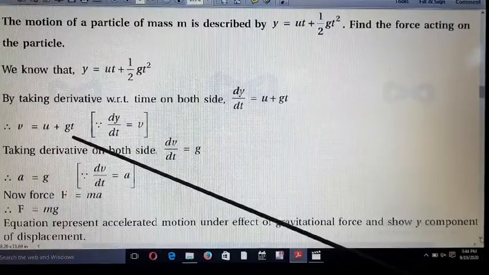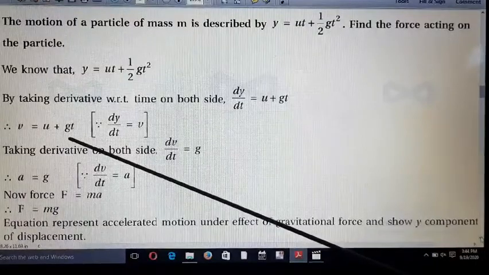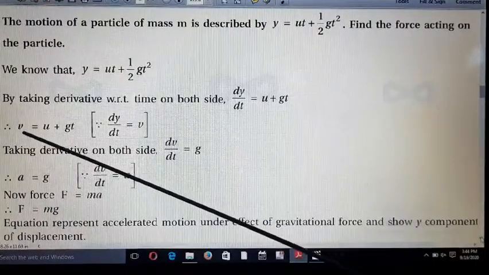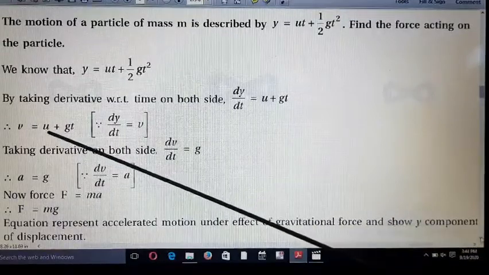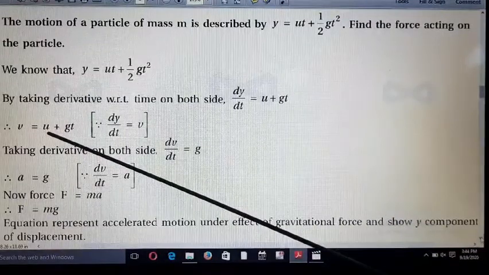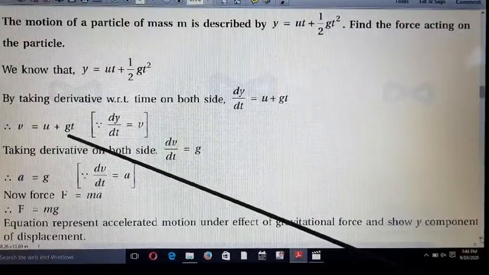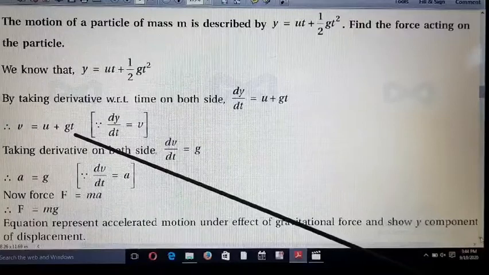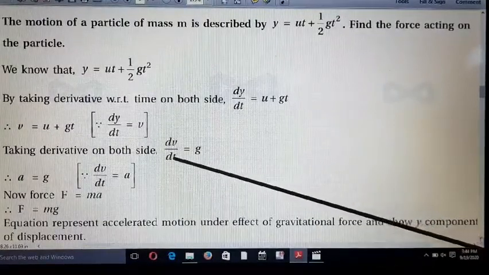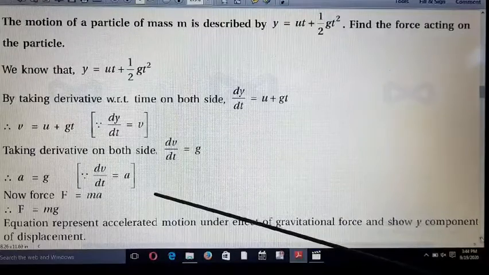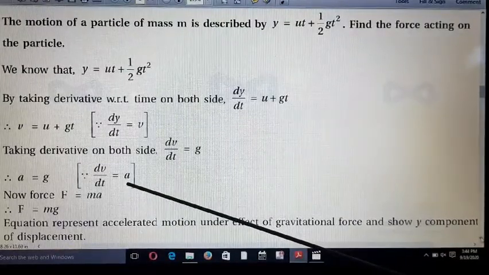Friends, now we again take the derivative on both sides with respect to time. On the left hand side we write dv upon dt. Here u is a constant and its derivative is 0. And here t is available, so dt upon dt is equal to 1. So we get only g. But according to the definition of acceleration, dv upon dt is equal to a, where a means acceleration.